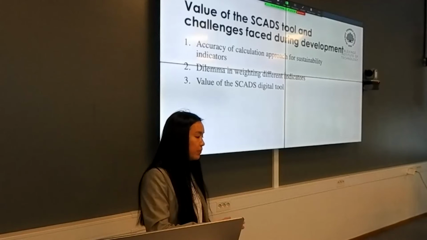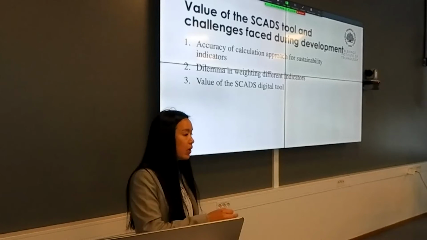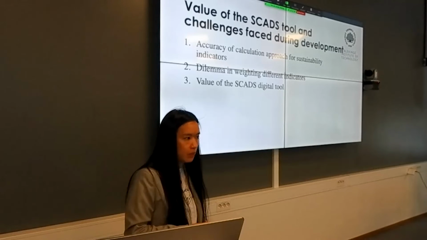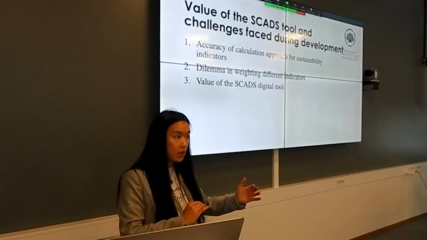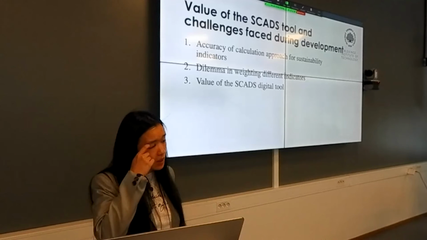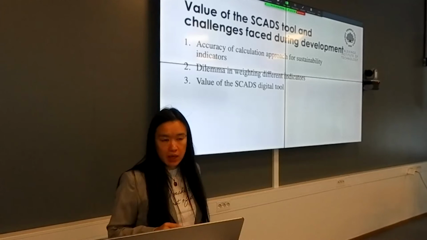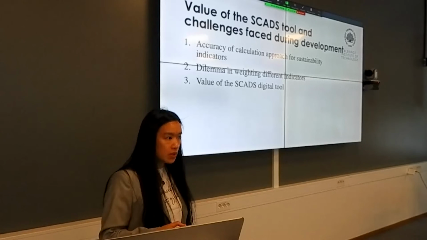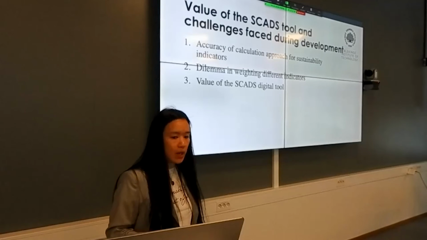In other words, for example, if you value social sustainability so much and you do not value environmental sustainability, it may change the result quite dramatically, depending on your priority or the priority of the companies. And the lesson learned is that it's very important to be transparent and to communicate to the users and any audience of the tool how this weighting has been set and why.